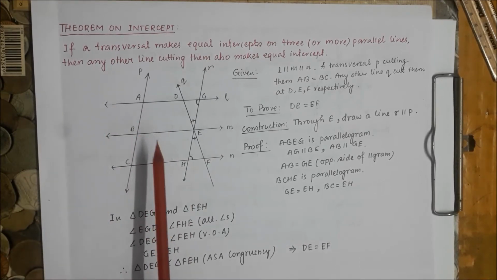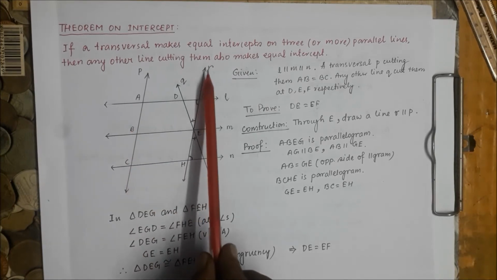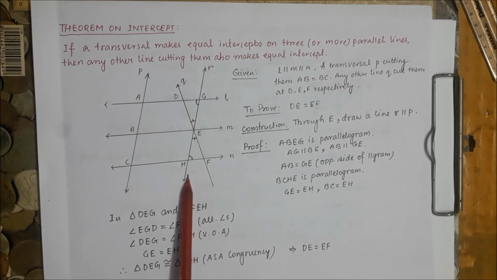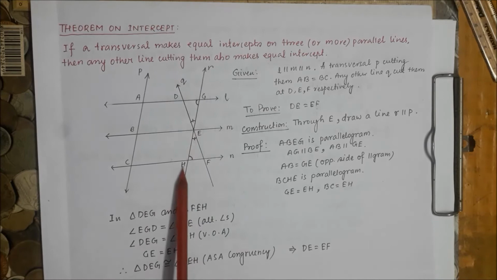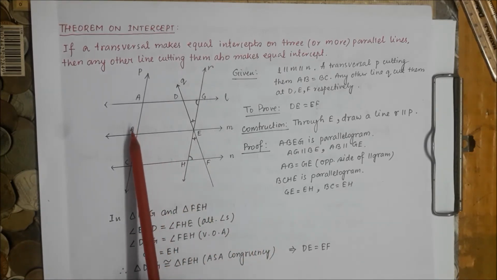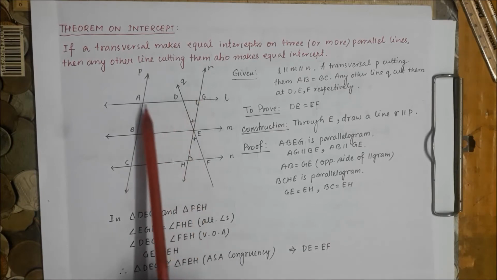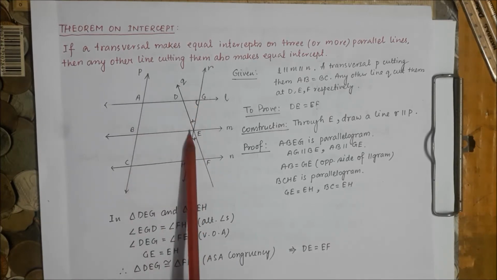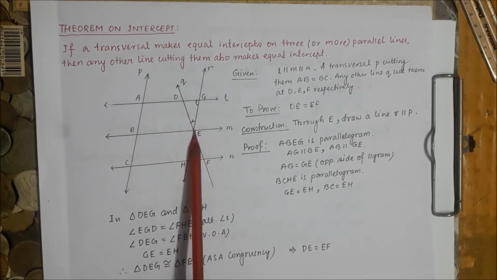To prove this theorem, we need to draw a line through E which is parallel to the line P. That means this line R is our construction, which is parallel to the line P. Clear? Now, first ABEG is a parallelogram, as AG is parallel to BE and AB is parallel to GE by construction.